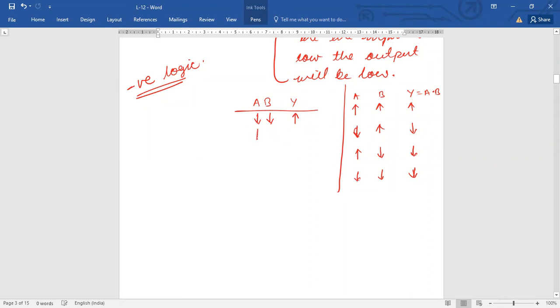The second case is, A is low and B is high. So in this case, what will be the output? Low. In this third case, we will have high and low. Low. On the last case, when both of them are high, okay, so here we will have low.